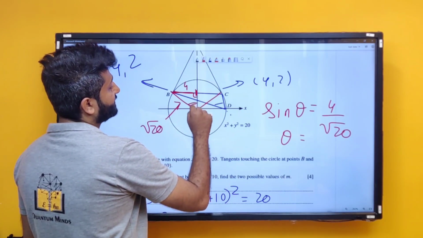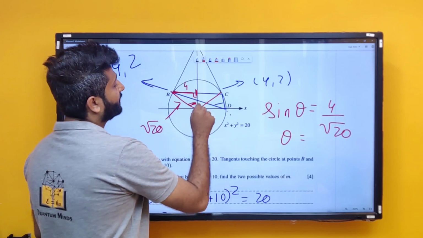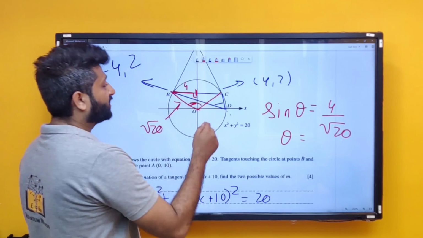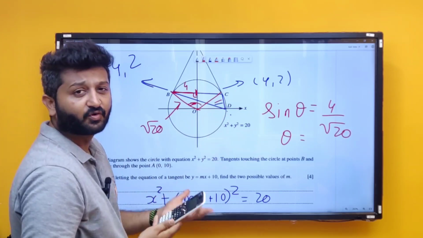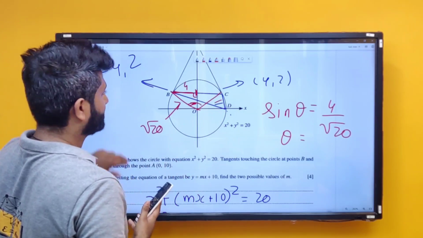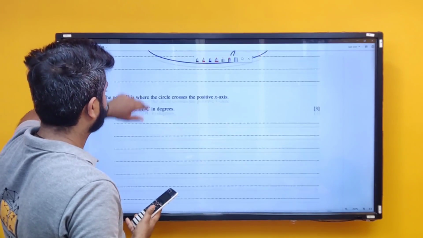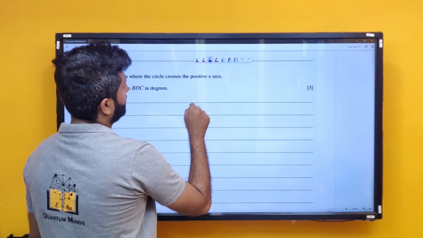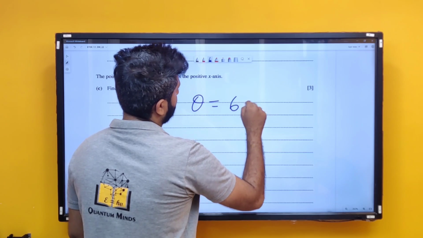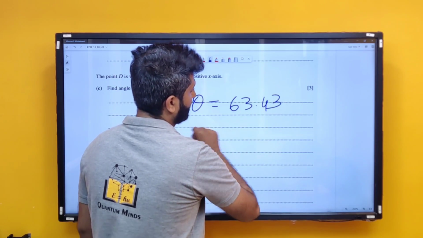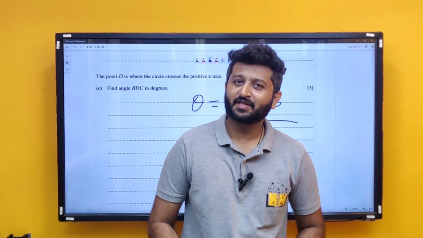So this angle is 63.43. This is going to be double of that, and this is again going to be 63.43. So the answer is 63.43. Right, I am directly writing the answer over here. I hope you have understood the working. Angle is 63.43. And with this, we are done with the paper.